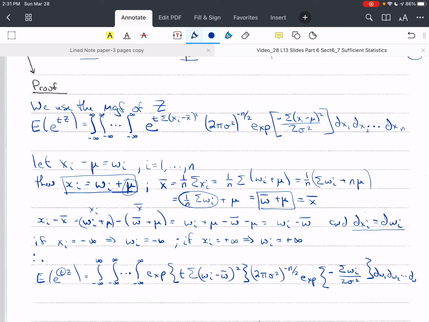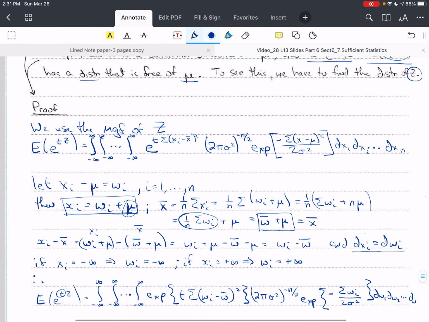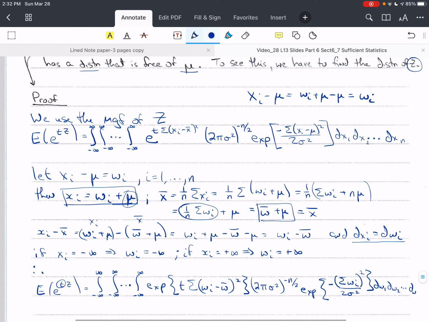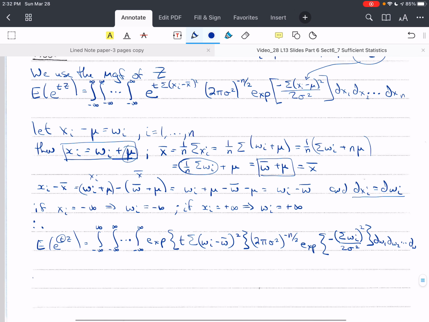So xi minus mu is going to be wi plus mu minus mu, which is wi. And so we have this sum of wi here squared. So that's what we're substituting in here, okay? And so I left off the square here.